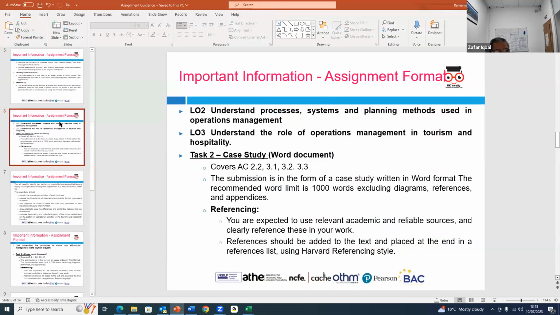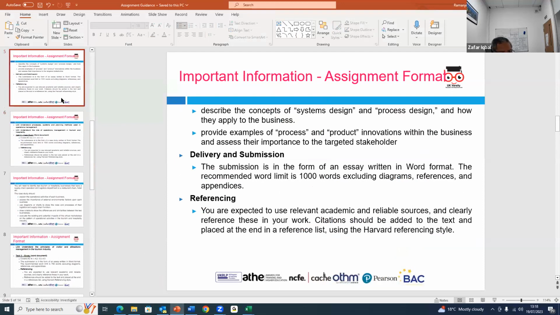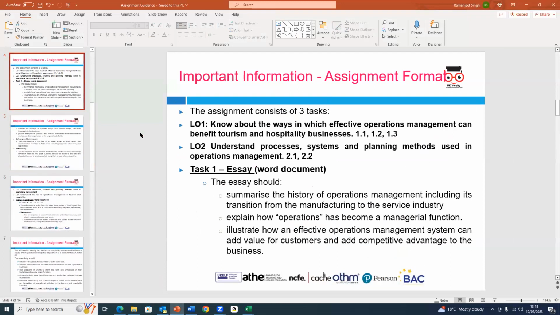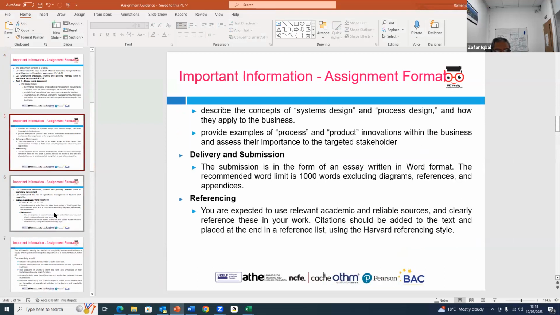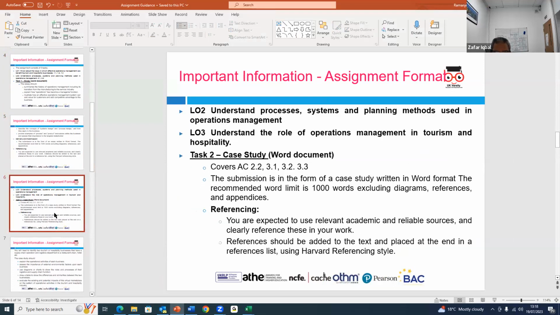We covered assessment criteria 21 and 22. In the second one, we need to cover 23, and also it covers 22 as well, because it's partly related to that.